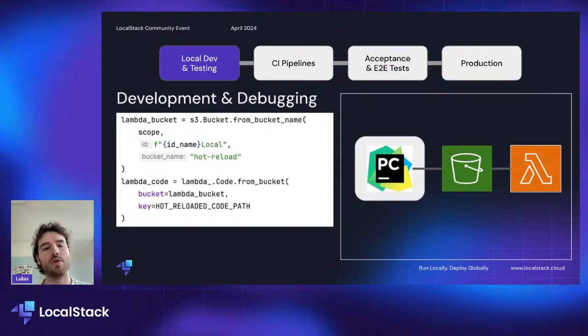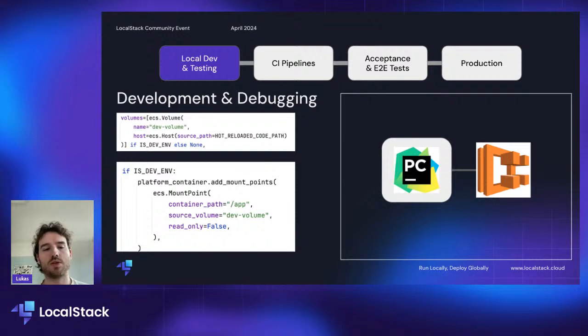It's really small. First of all, we have to create a bucket called hot reload, and then we create Lambdas from that bucket. And every time we change the function code, we do not have to redeploy the whole application, but it's automatically reloaded because of this hot reloading feature.